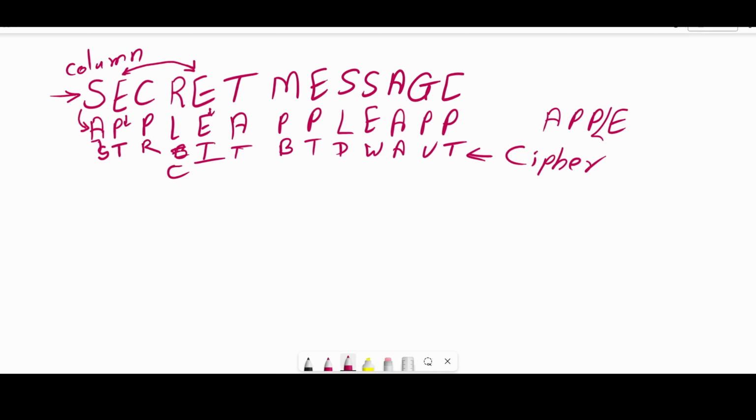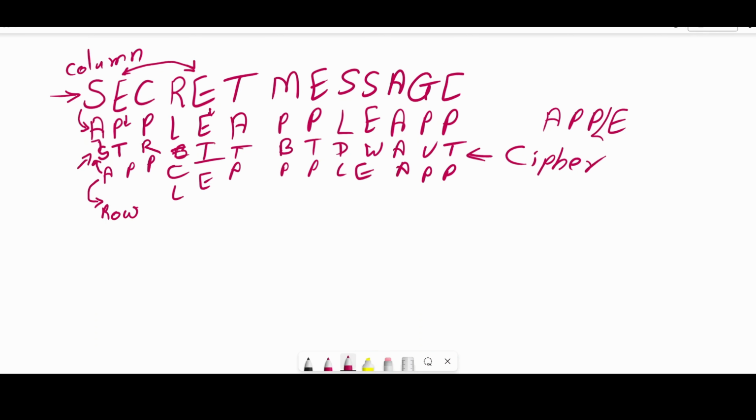Now to decrypt it, we would again use the same key, APPLEAPPLEAPP. Now when we want to search, we would first go to the row of the key, and then try to find the cipher character in that row, and then the column name would be our plain text.